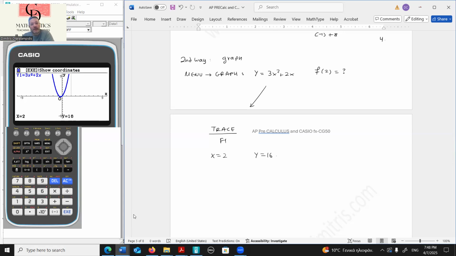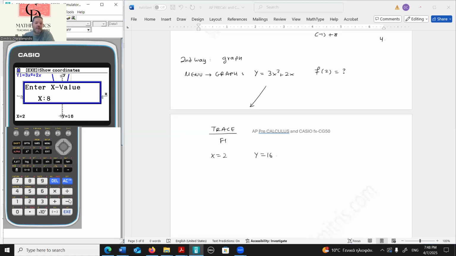There is, however, a catch here. If I try a different x value, 12, it says out of domain. Out of domain does not mean that it can't be done.